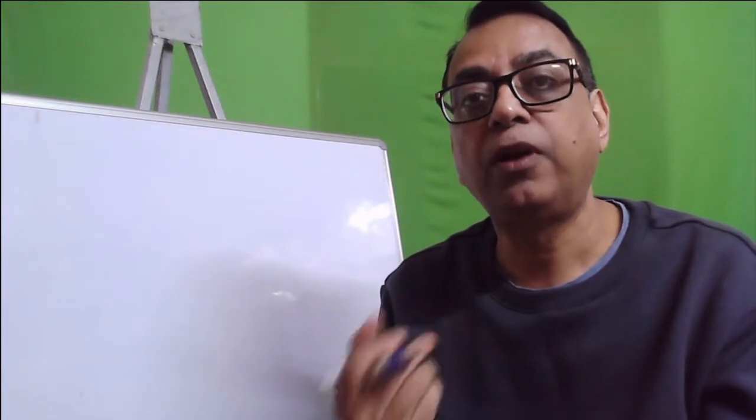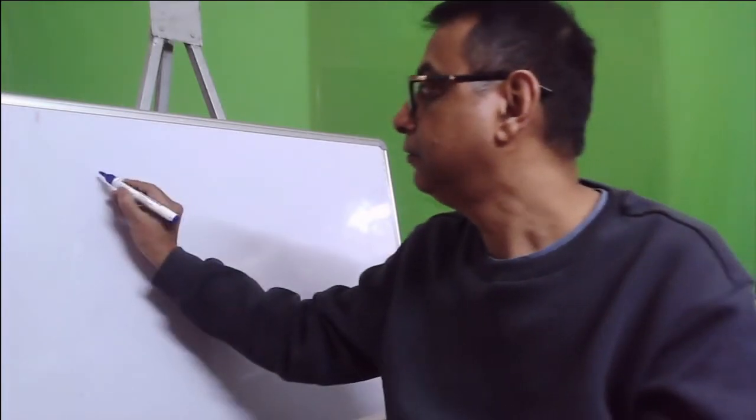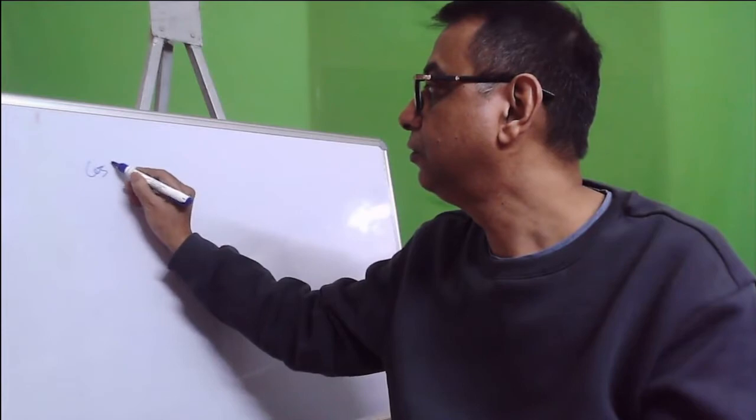The next identities are called double angle formulas. For example, cos 2A.